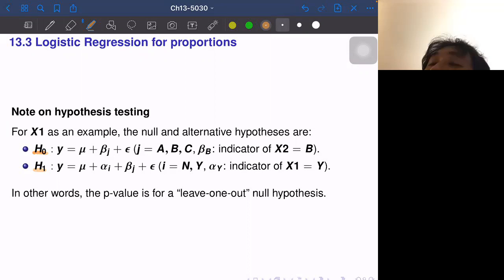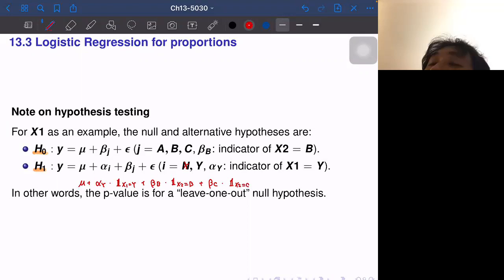To be exact, this is mu plus alpha_i, where i is equal to n and y, but i equal to n is the baseline. So this is alpha y times the indicator variable of x1 equal to y, plus beta A is baseline, so beta B times the indicator variable of x2 equal to b, plus beta C times the indicator variable of x2 equal to c.